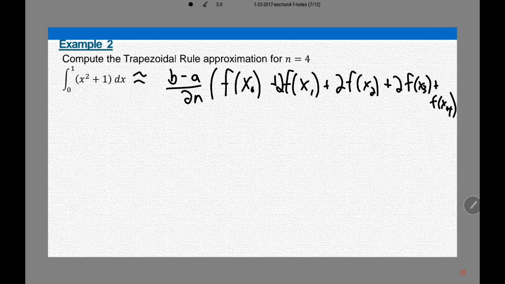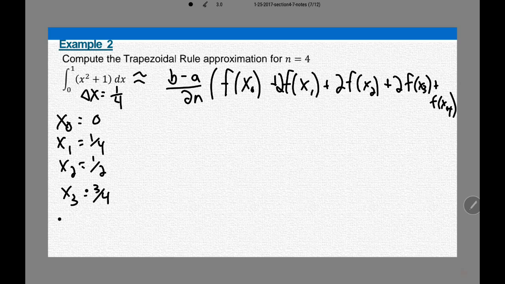Alright, so we have the same x's from before because we're doing delta x being 1 over 4. So we've got 0, 1/4, 1/2, 3/4, and 1.